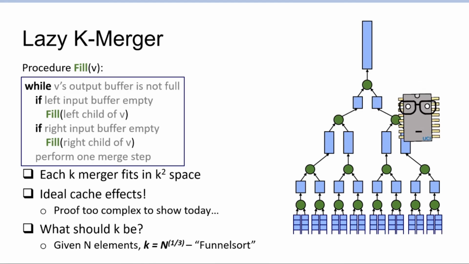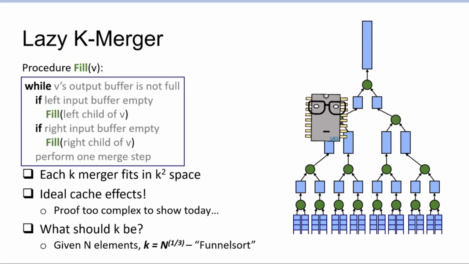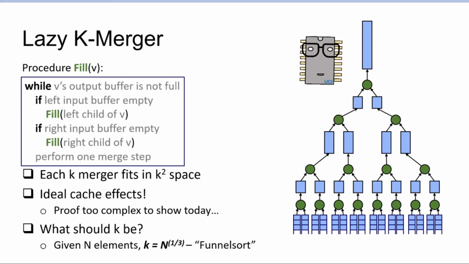Then if the right buffer is empty, we call fill again. Naturally, we don't want any of these queues to be empty. So if we discover anything is empty, we do work until these queues are filled. And once these two are not empty, we do the two-way merge and fill out the output until this is completely full.